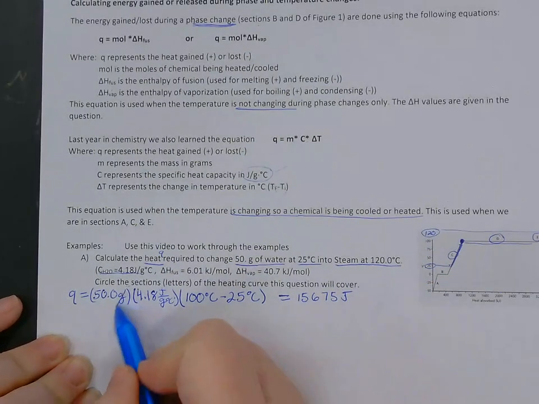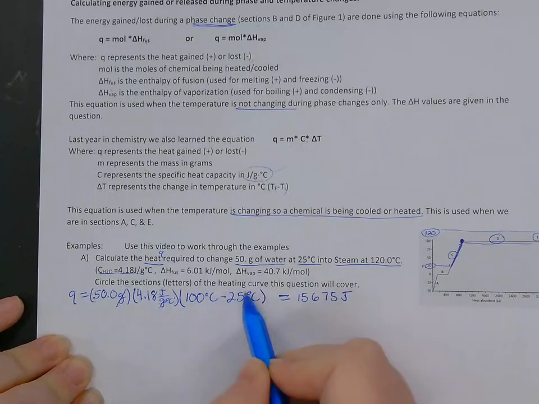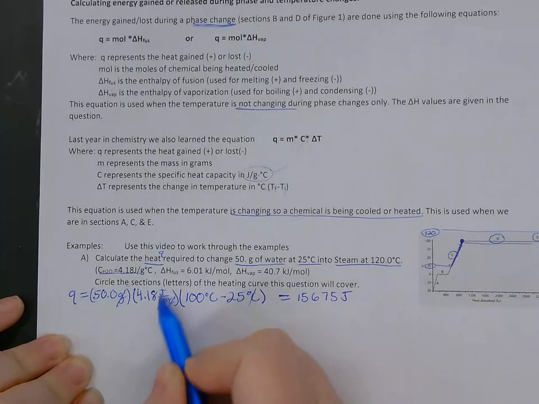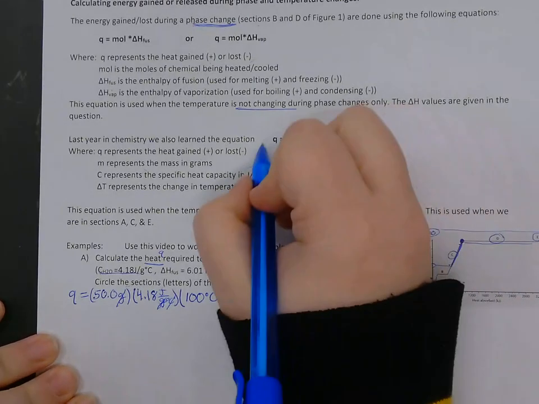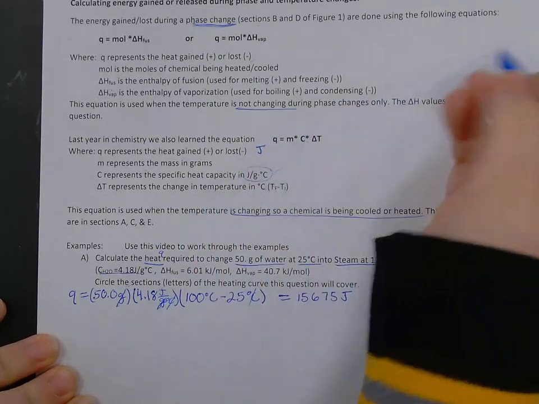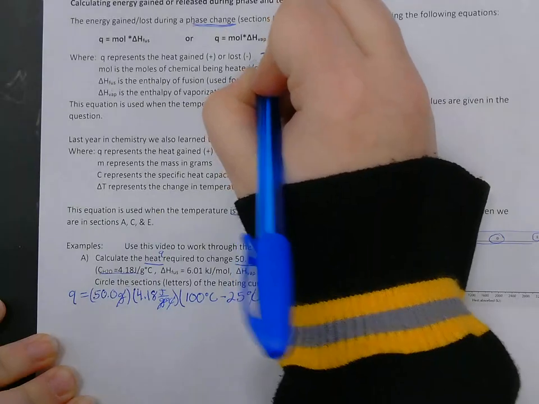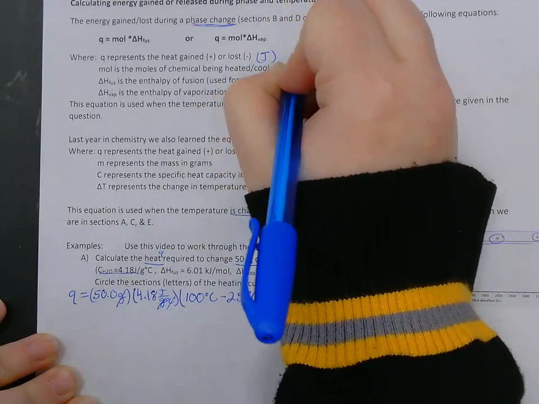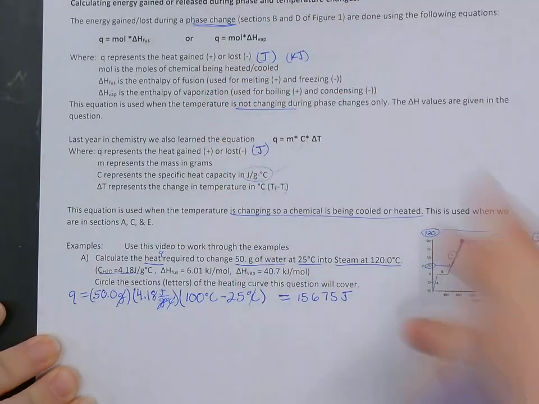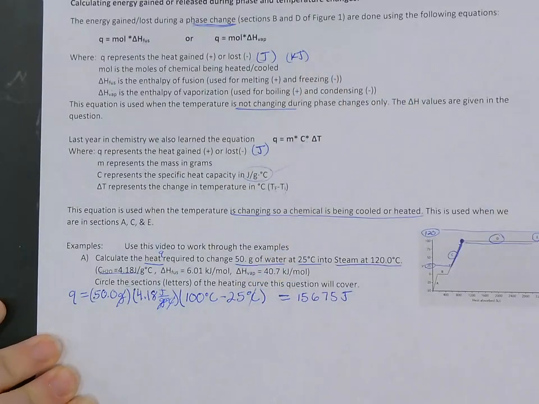So if we look at our units, grams will cancel, Celsius will cancel, and we are left with joules, which measure energy. So that is something I left out up here. Q is going to be measured in joules for both of these. It can also be in kilojoules depending on the situation, especially for our other equation.